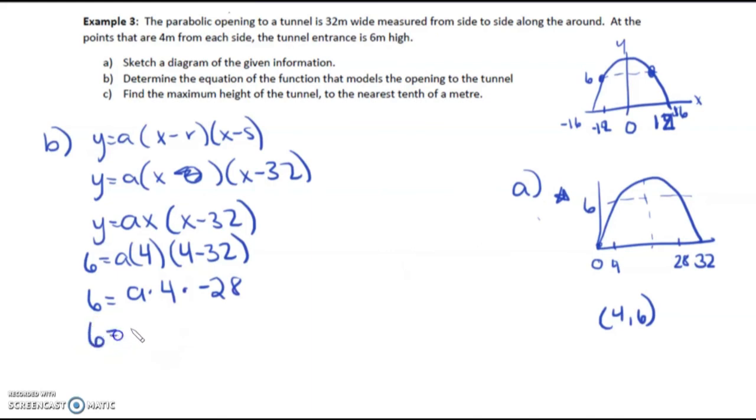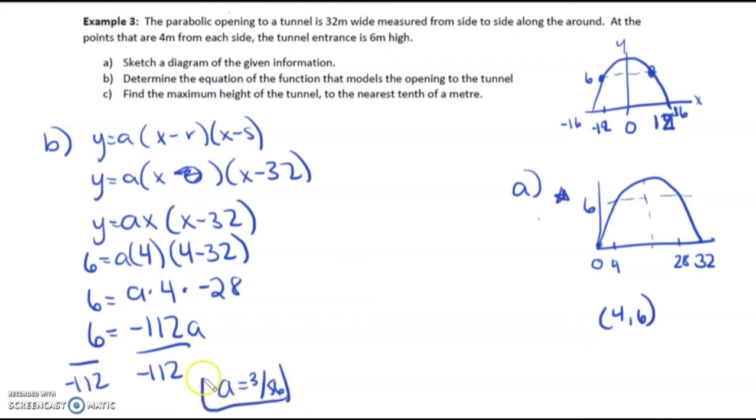Okay, so 6 equals negative 112a, and divide out the negative 112. We get negative 3 over 56. Okay, so our equation is going to be y equals negative 3 over 56 x(x minus 32).